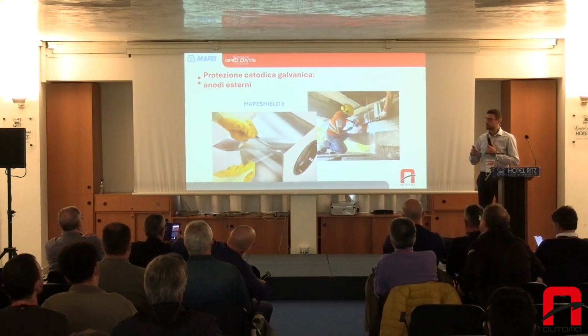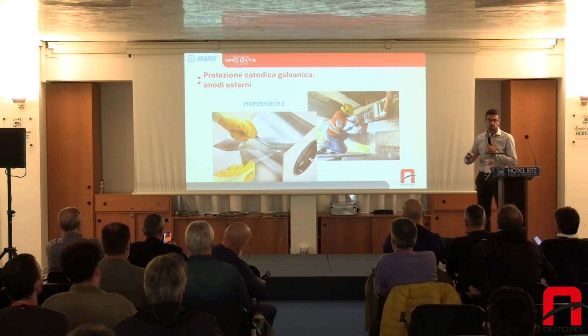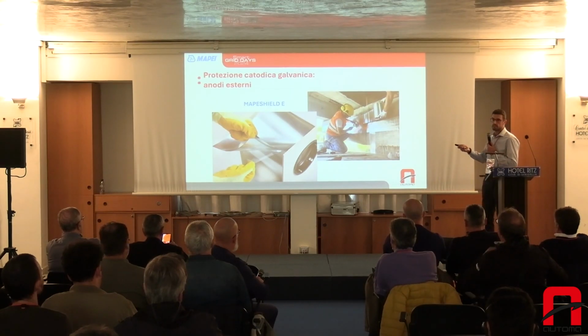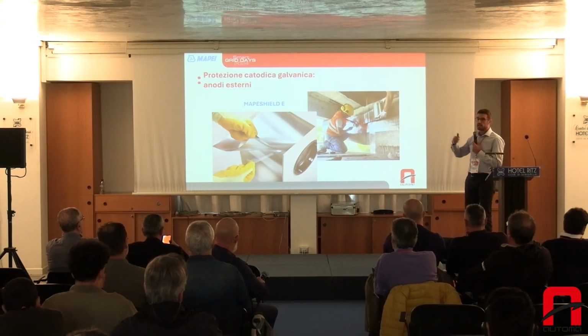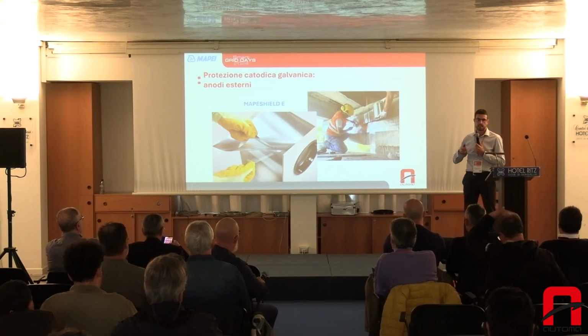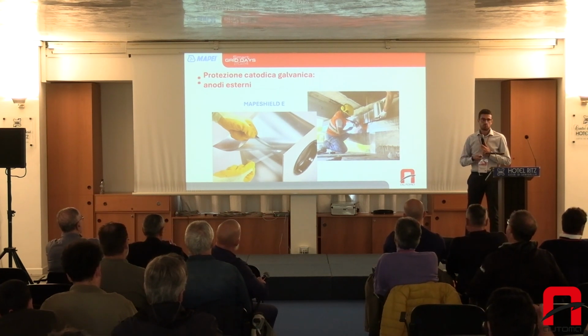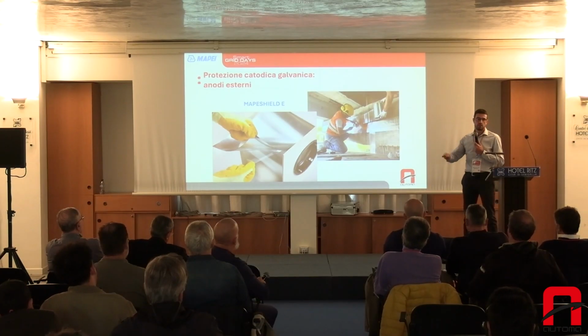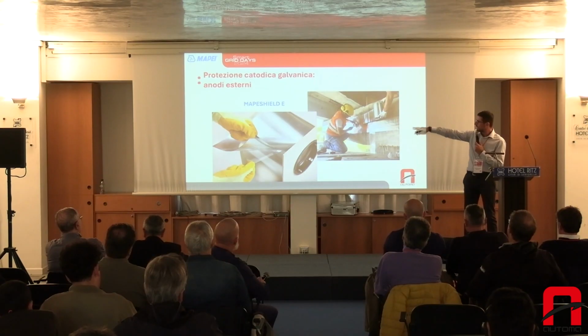On the back of the sheet, we have a conductive gel, and it's a self-adhesive system. The sheet can be applied very easily on the surface of the concrete element. And then you can have some mechanical fixing elements to guarantee better stability of the system and electrical continuity.